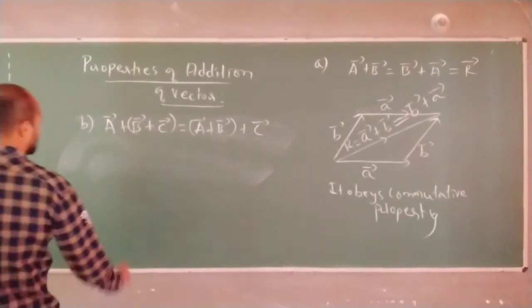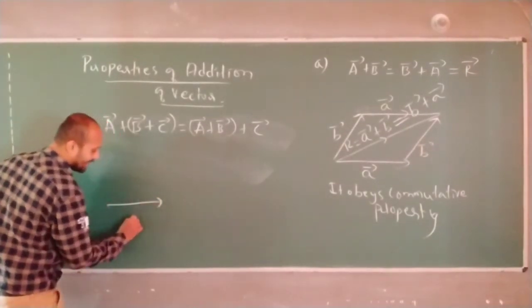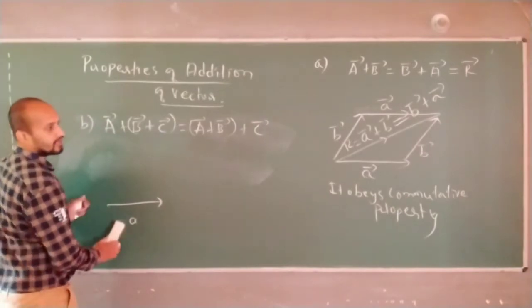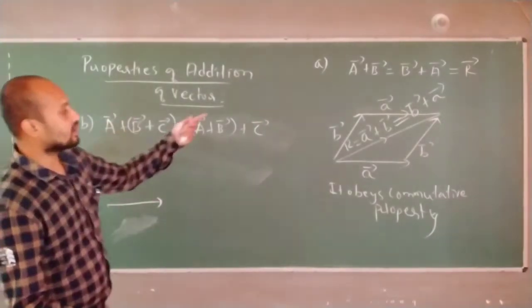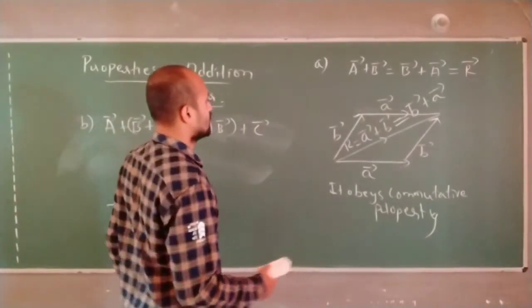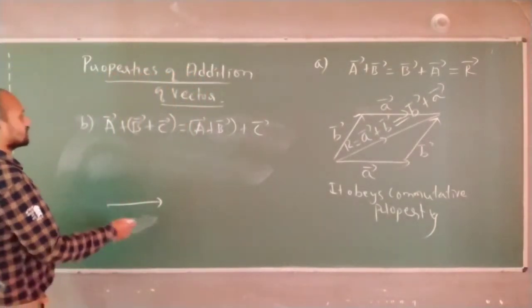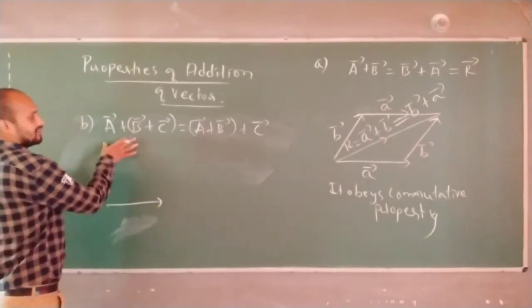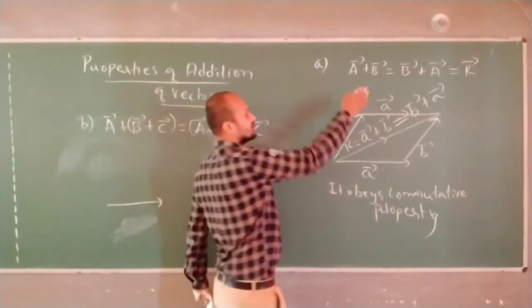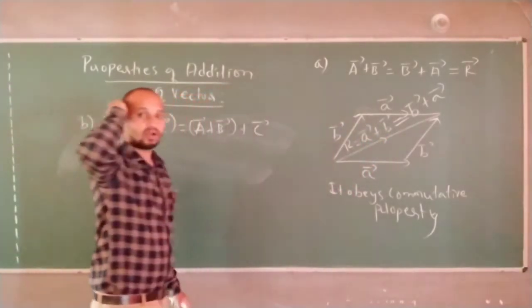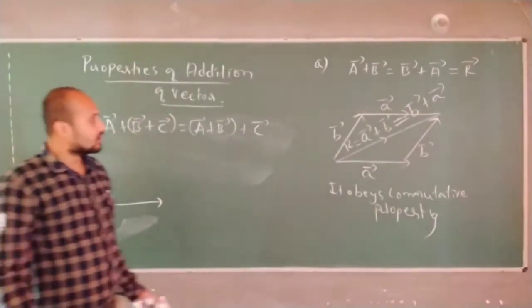See here. Suppose one vector A is like this. I am taking capital letters in the statement, but here I am showing the diagram in small letters. It doesn't matter.